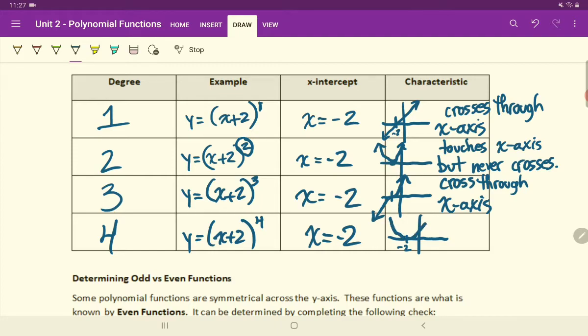It's still going to just touch at one point, but a fourth degree equation, a quartic function, is just a wider version of a parabola. It goes a little bit flat right here, but it still only touches the point at -2 and then turns back in the other direction. So just like here, it touches the x-axis, but never crosses as well.